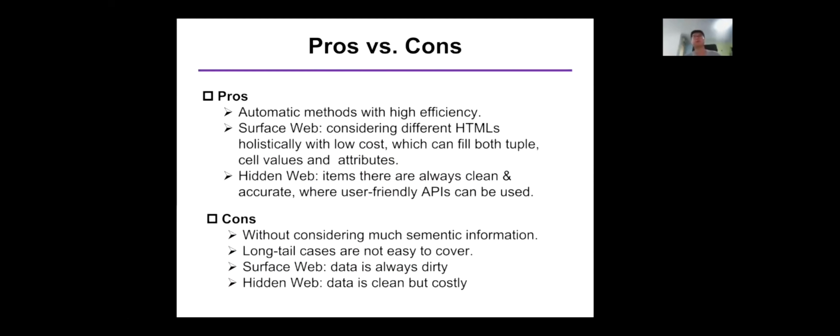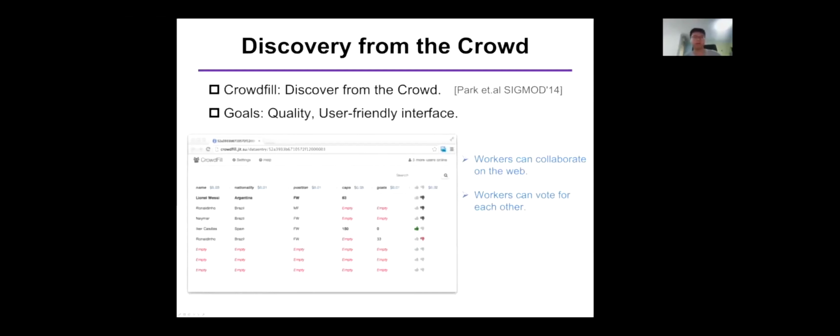And the hidden web is always clean and accurate, where user-friendly APIs can be used. And the cons are as follows. These methods do not consider much semantic information, and long-tail cases are not easy to cover. For surface web, the data is always dirty, and for hidden web, the data is clean but costly.